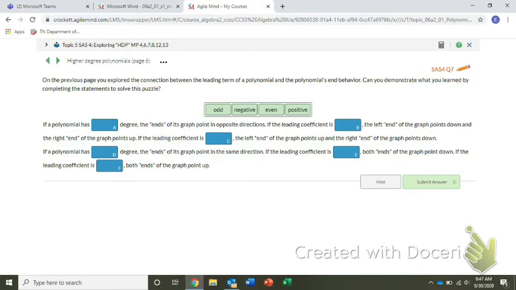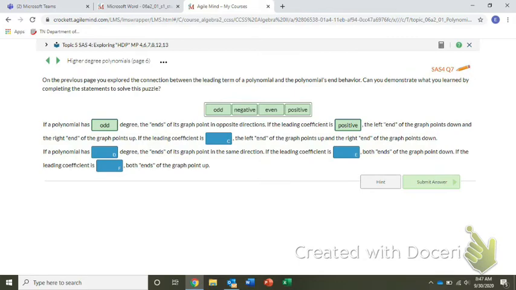Okay? So, first, if a polynomial has odd degree, the ends of the graph point in opposite directions. If the leading coefficient is positive, the left end of the graph points down and the right end of the graph points up.